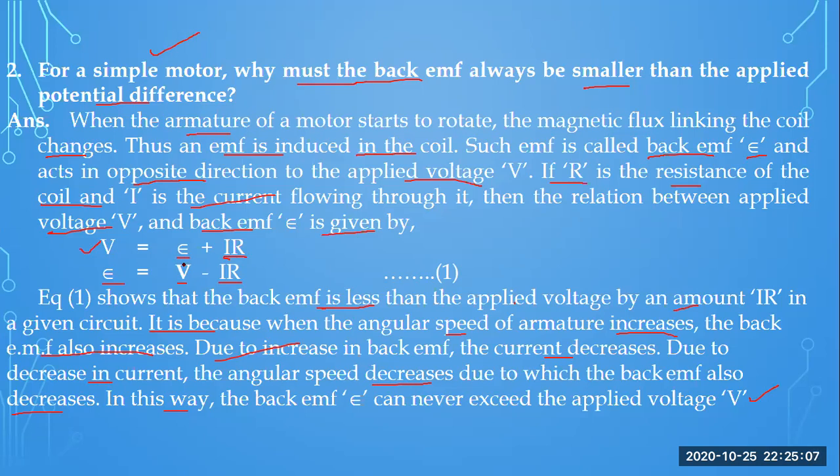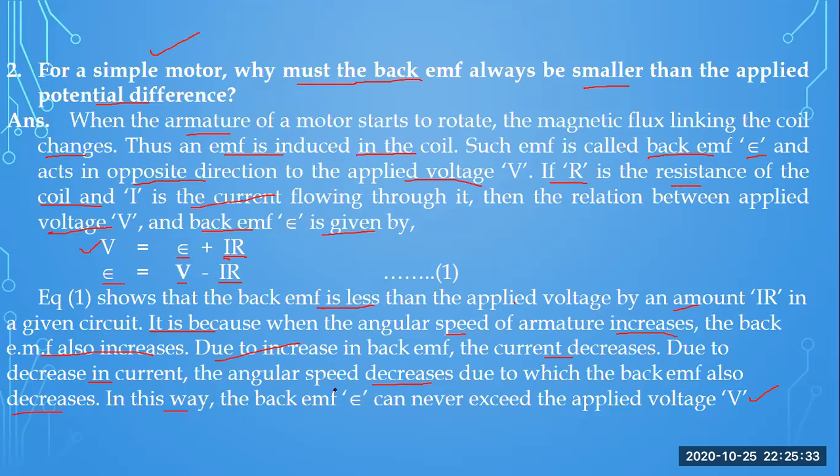So if you are asked to calculate the back EMF, it is the difference of the applied potential and the amount of energy consumed by the charges when they move through the coil of resistance R. Here it is again explained in detail. It shows that the back EMF is less than the applied voltage by an amount IR in a given circuit.